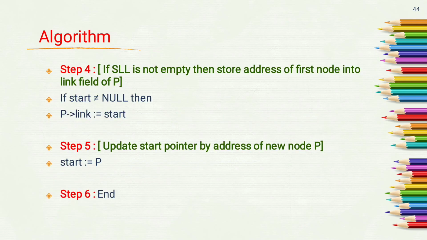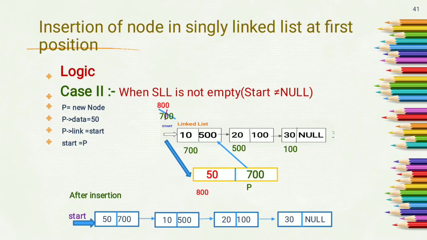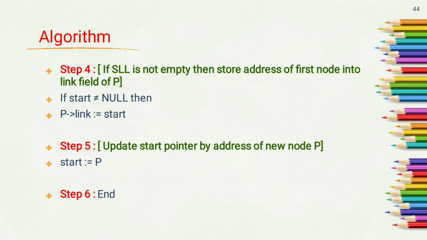But if the linked list is not empty, that means if start is not equals to null, then instead of writing null in the link part of p, we have to write p link equals to start, because start contains the address of the first node of the current linked list. So p link contains 700. Now we have to update the start pointer to point to the new node.